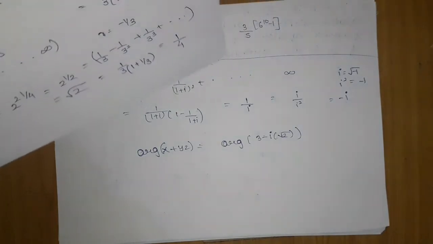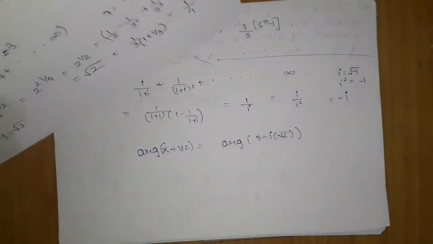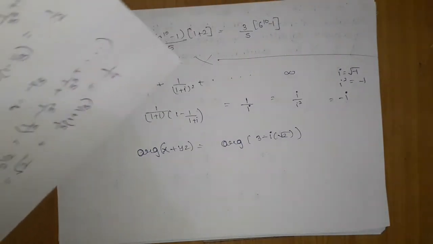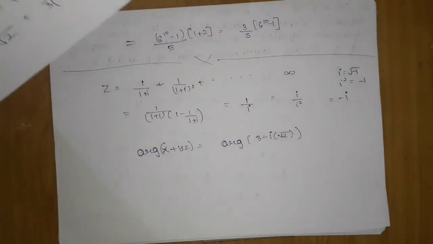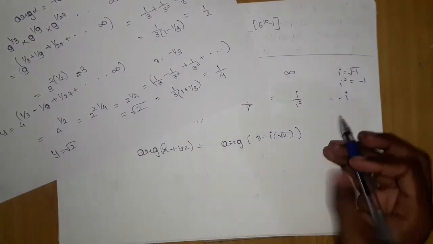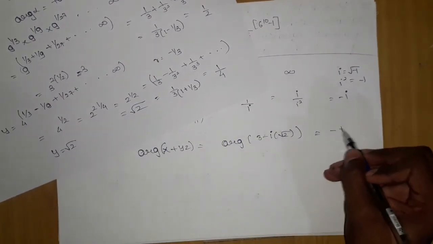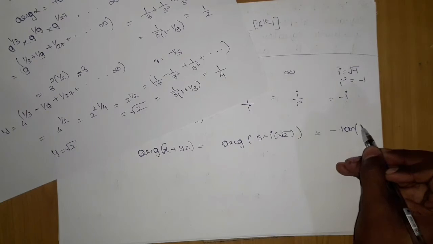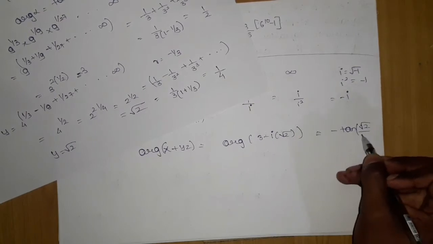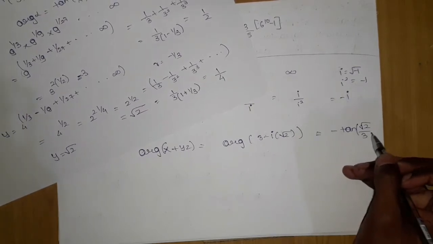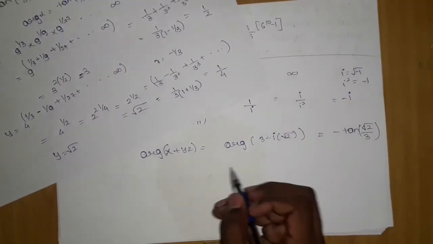Now let's calculate the tan value, which is nothing but tan y by x. Since it is minus, it is minus tan y by x. Y is under root 2 and x is 3. So we are done with this.